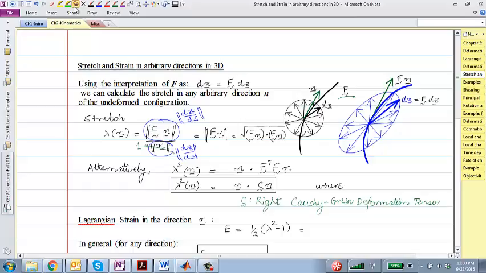This quantity in the brackets can be written in a slightly different way: n dotted with F transpose F times n. What am I doing? I'm using the definition of the transpose of a tensor.